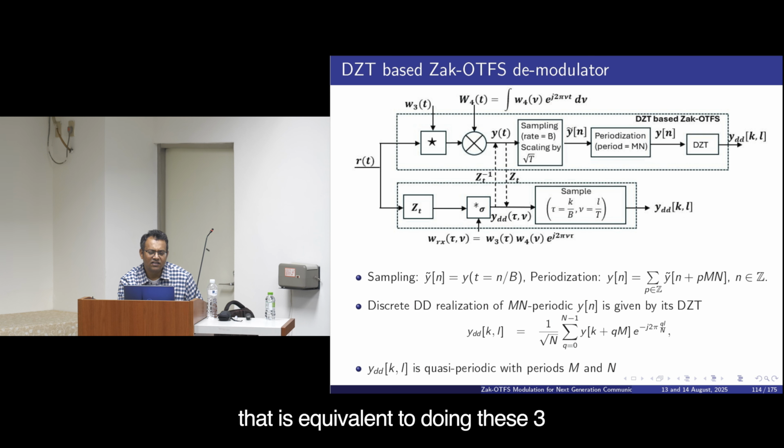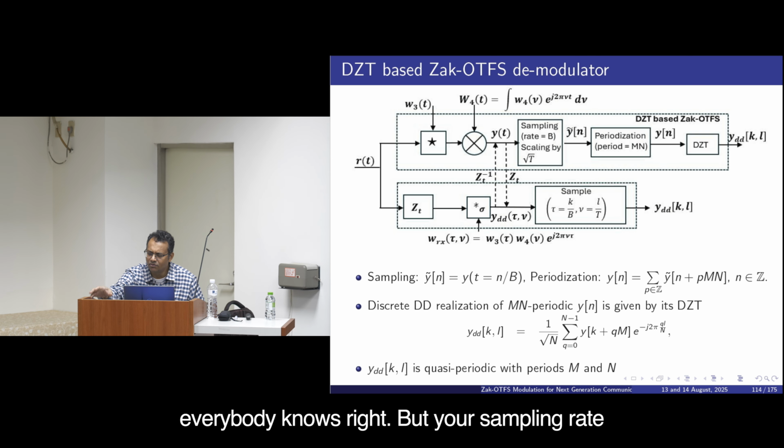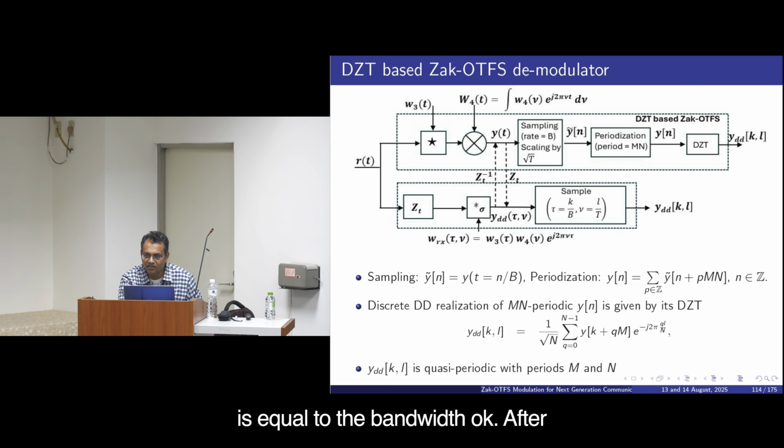And I will show that that is equivalent to doing these three things. First, you sample this continuous time signal y(t) into a discrete time signal y tilde, which is basically this equation. It is called sampling. I mean this everybody knows, but your sampling rate is equal to the bandwidth, okay.